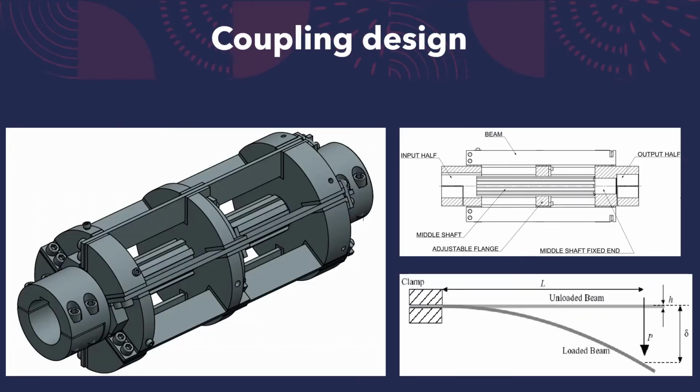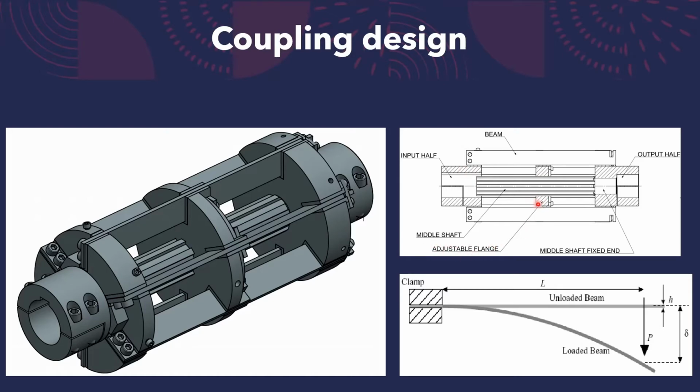The stiffness of the coupling is adjusted by changing the effective length of these beams. On the bottom right you can see a typical cantilever beam. The effective length is the distance between the clamp and the force. When we increase this distance, the beam starts to bend more. We are basically using the same principle in our coupling. The effective length is the distance between the input half and the adjustable flange.